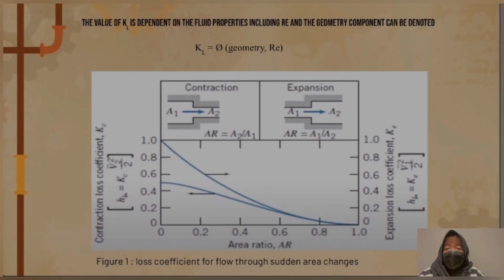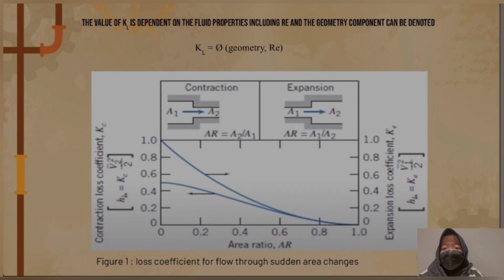The value of KL is dependent on the fluid properties, including Re, and the geometry of the component, and can be denoted as KL equals a function of geometry. In most practical cases, the KL components are a function of geometry only. In this experiment, the KL value and the HLM in pipe for different water flow rate, pipe diameter, and pipe bend will be determined.